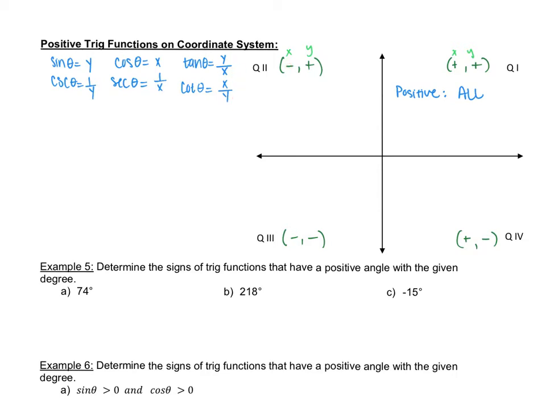So if I were in the second quadrant and I threw in my x value, well, they're going to be negative. So then the overall fraction would end up being negative. So these two, sine and cosecant, are the only ones that have y's, so they are guaranteed to be positive trig functions. So positive in the second quadrant is only sine and cosecant.